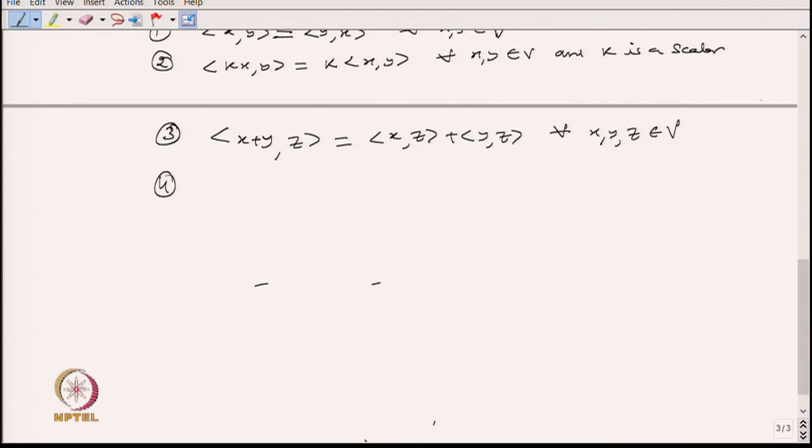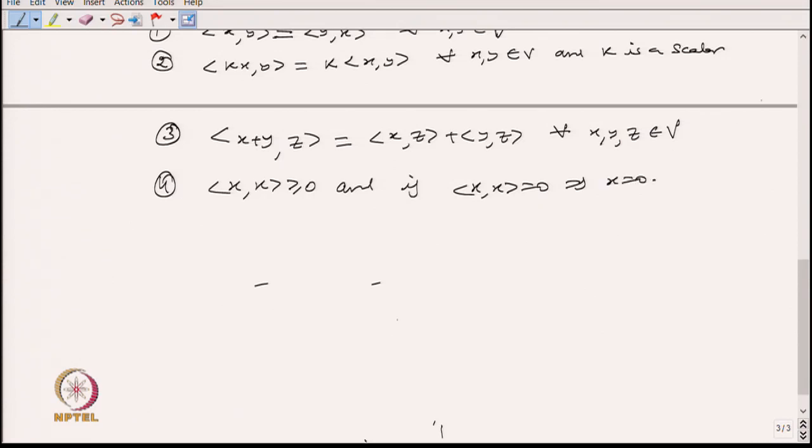And the fourth one is that if I take the inner product of a vector with itself, it is always greater than or equal to 0, and if it is equal to 0, that implies that x equals 0.